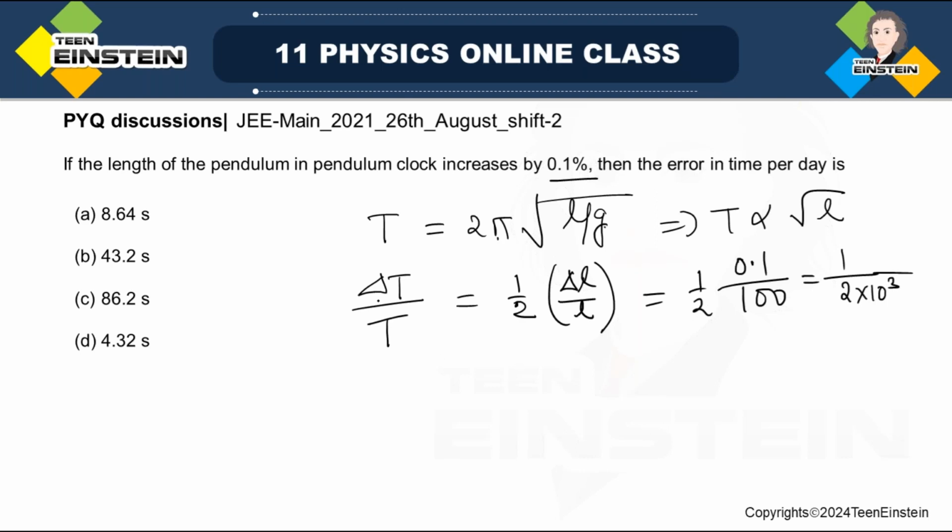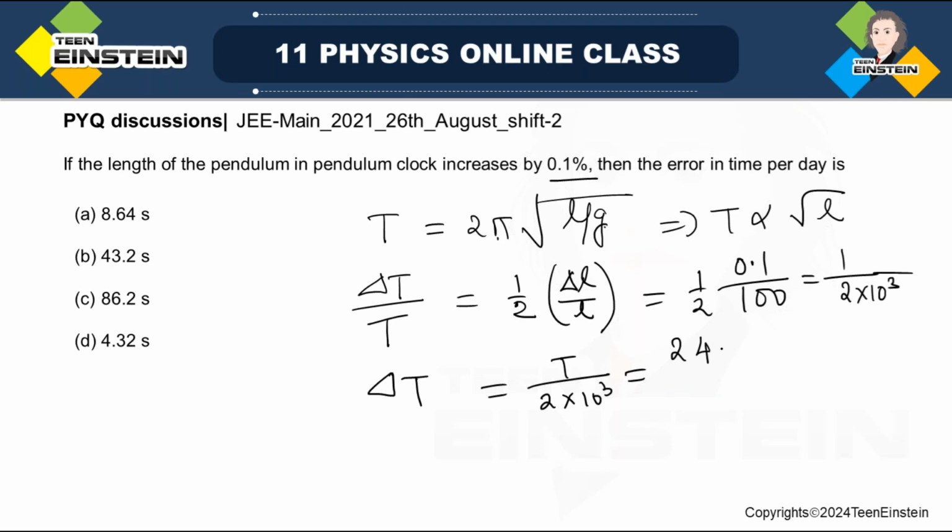Now delta T I have to find out, because this is in seconds, not in percentage. So this is T by 2 into 10 to the power 3. What is this T? T is actually 24 hours.